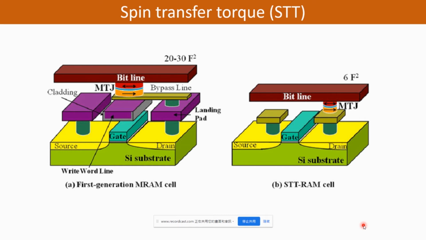In the left-hand side picture A here is the conventional MRAM, which is based on magnetic field writing induced by current passing through a write word line and a bit line. This type of MRAM requires a larger current to reduce the MTJ size because the required magnetic field increases inversely proportional to the width of the MTJ.